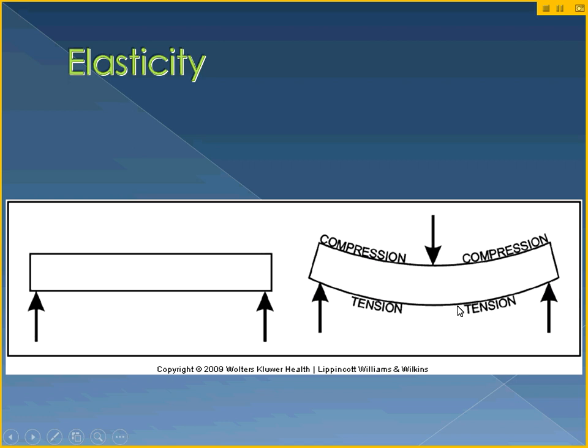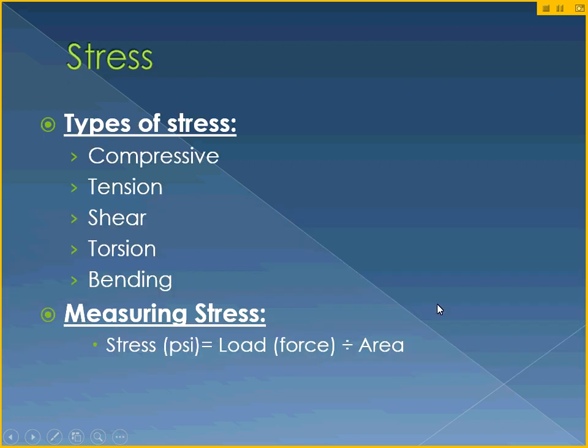Whereas this side is being stretched, it has tension placed on it. And at some point, literally an area, a point on this material is going to withstand the most compression and tensile forces, and there will be some type of breakage that will occur.